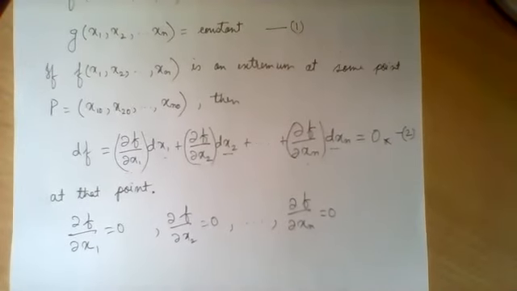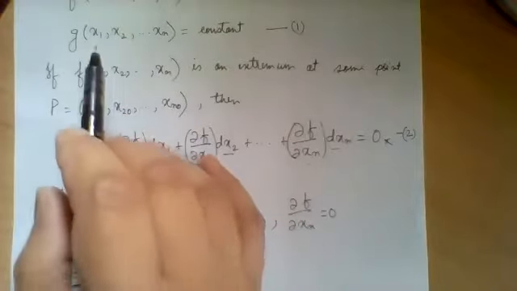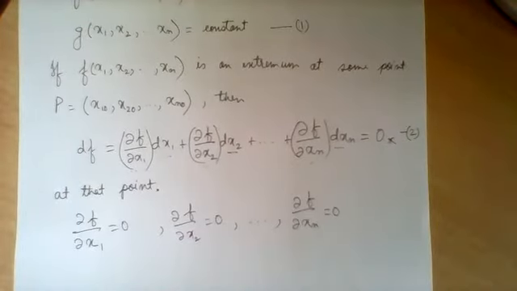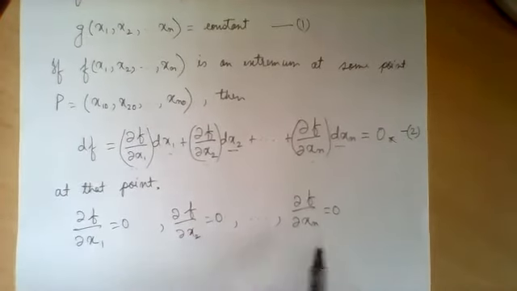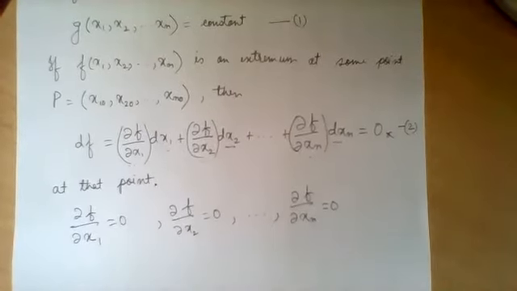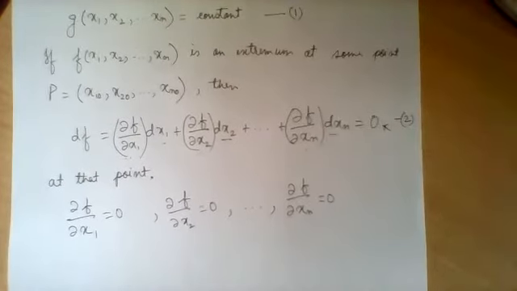However, with the constraint, the x are not independent. Some of them can be 0, but we cannot claim that all of them are 0. Some of them can be 0.